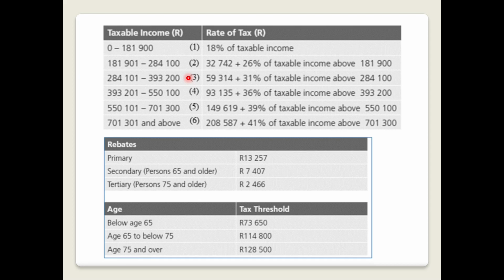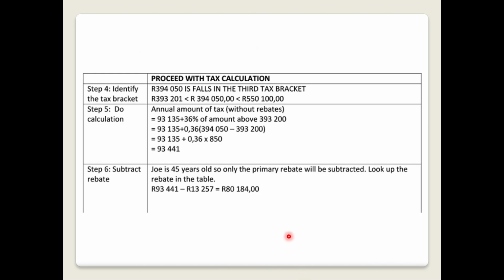And then we go to the right-hand side, see what they say, and calculate his tax. So we are then going to say 93,135 plus 36% of the amount above 393,200.